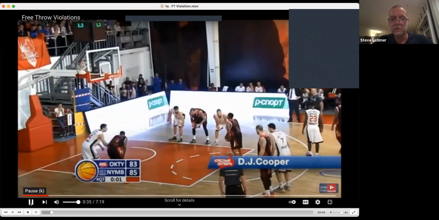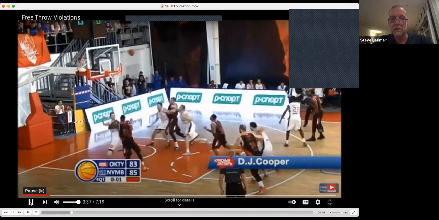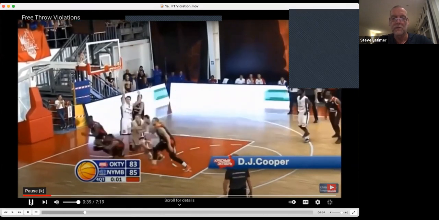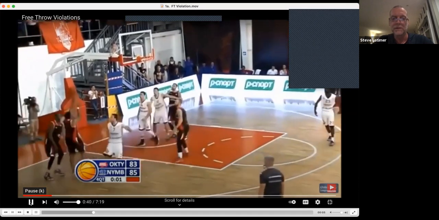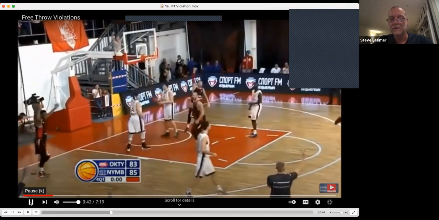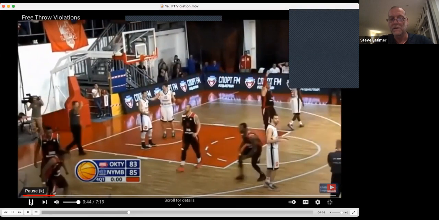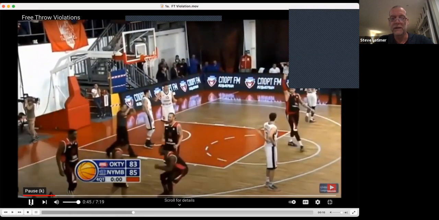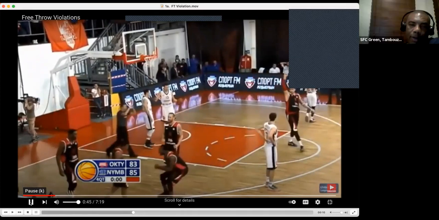So watch this play. Anybody see anything there yet? Yeah, the person shooting a free throw crossed the line before the ball hit the rim. Therefore, it should have been a dead ball and been the white team's possession.